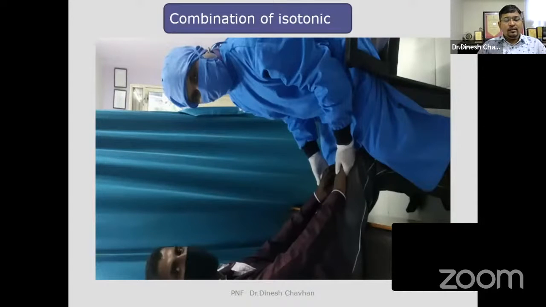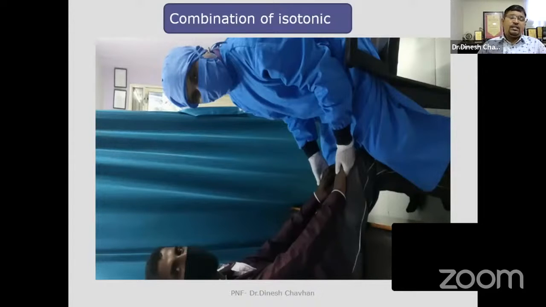The definition of eccentric muscle contraction is that the movement is towards gravity, it has to be a controlled movement, and the muscle has to lengthen. So when we perform forward bending, the back muscle is working eccentrically because the movement is happening towards gravity, the muscle is lengthening and it is controlled. This is for the back extensor muscle.